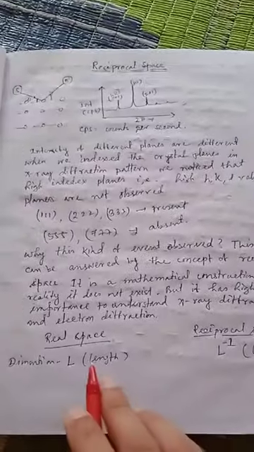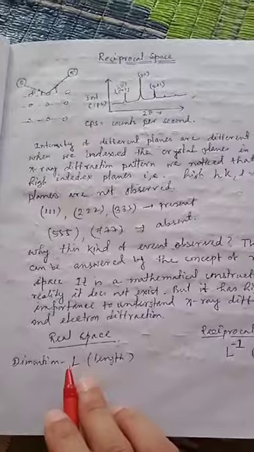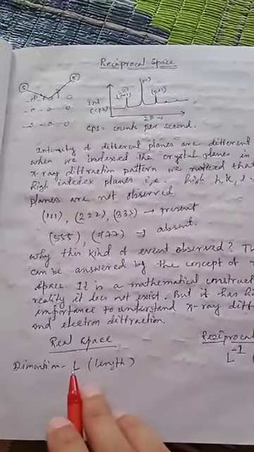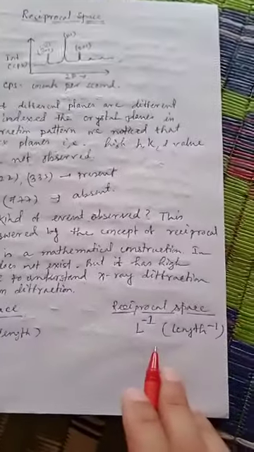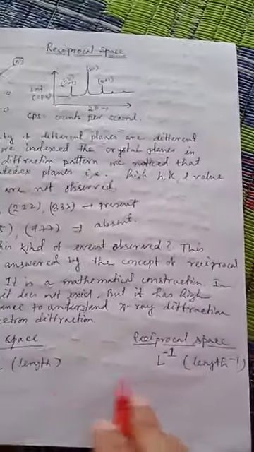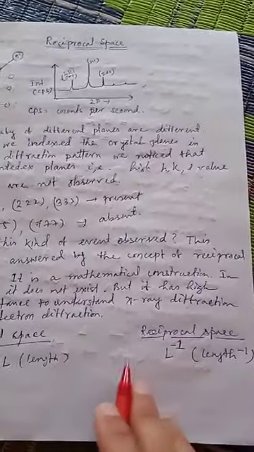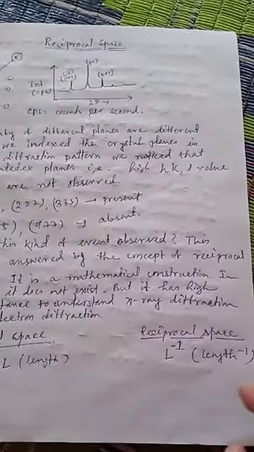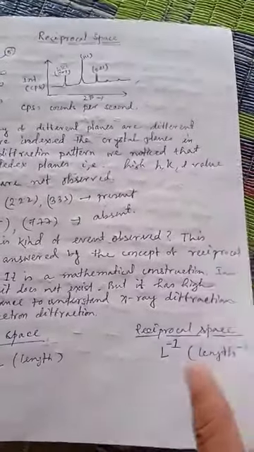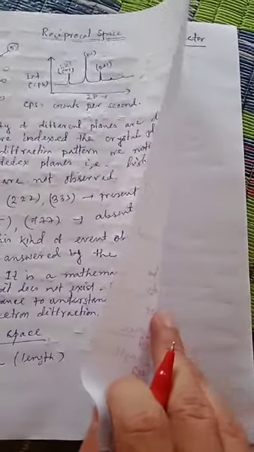So in real space, in a one-dimensional case, our dimension will be length. If we measure length in real space, then in reciprocal space that will be length inverse. So 1 by dimension will be the unit of reciprocal space. Reciprocal space is basically the inverse of real space, that means 1 by real space.